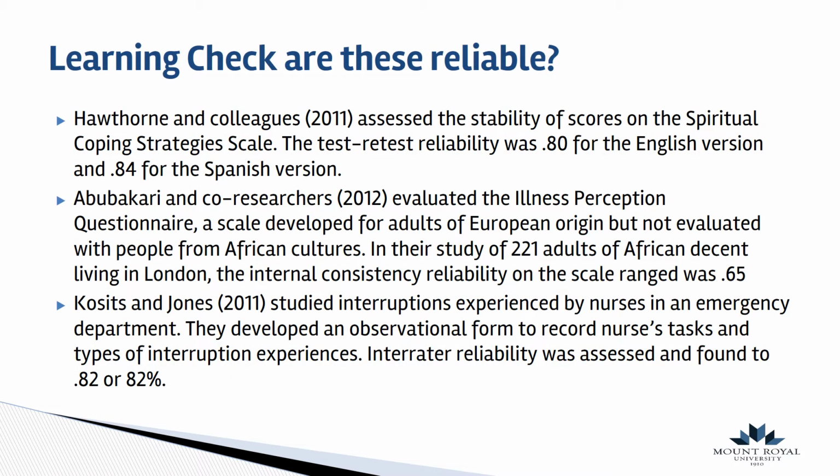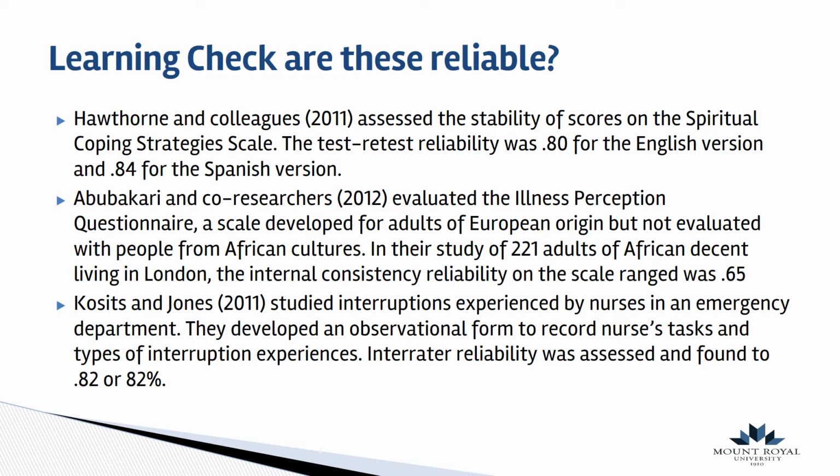So let's go through a couple of examples. And this is where I would suggest that you kind of pause and try and work through these on your own, and then you can double check your answers. So the first one is, these are all real studies actually.